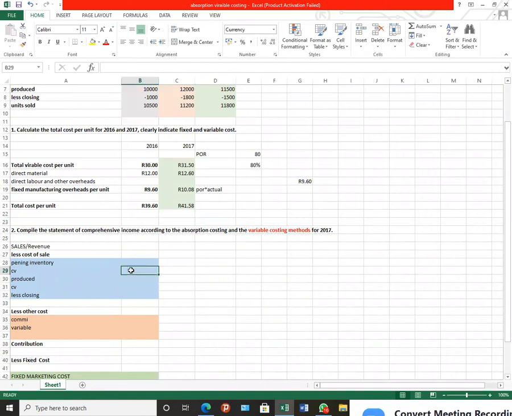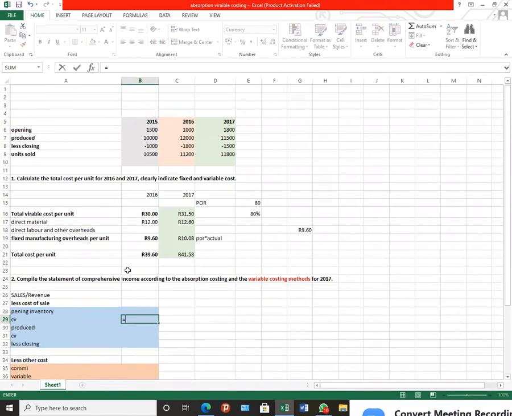To calculate this for opening variable cost, how many units did we have for 2017 opening? We had 1,800 units, which are from 2016, so we multiply by 30 rand.